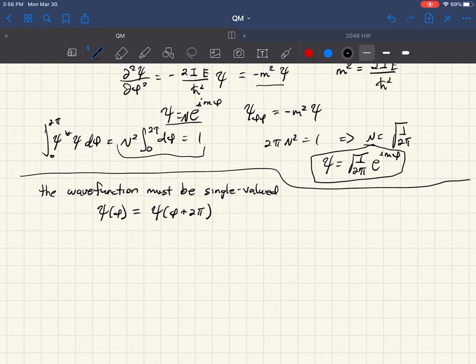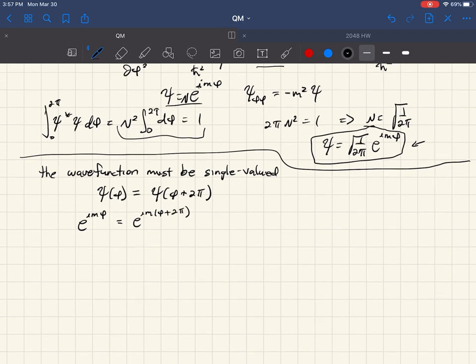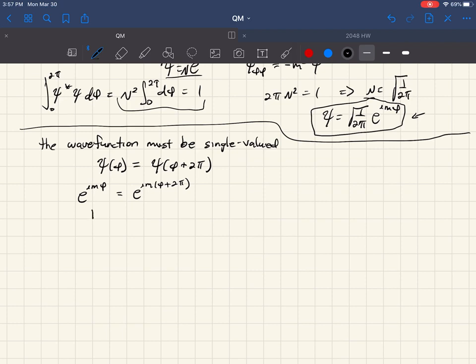So let's go ahead and stick our wave function in. And we're going to forget about the factor out front because it's going to appear on both the left and right hand side. So we have, for the left, e to the i m phi, and on the right, e to the i m (phi plus 2 pi). So this gives us 1 equals e to the i m 2 pi.